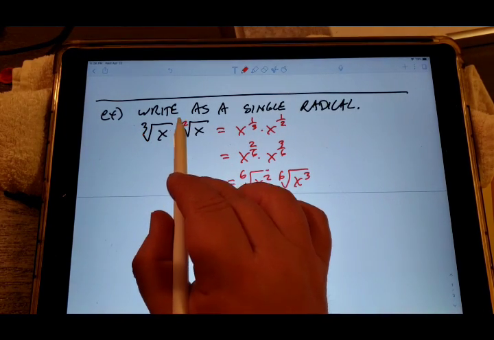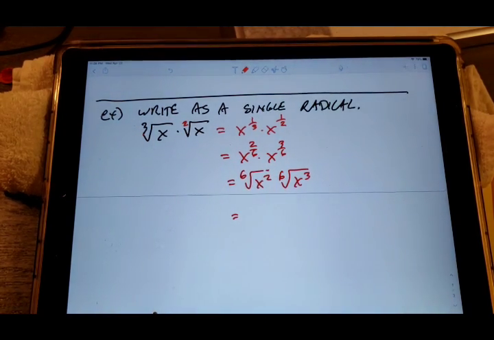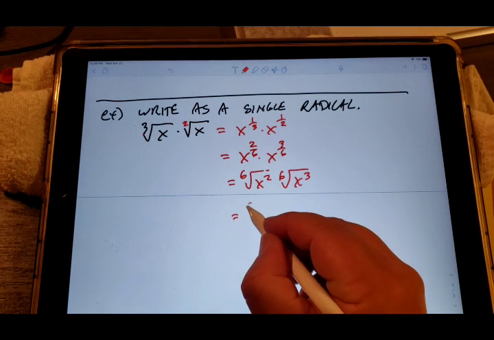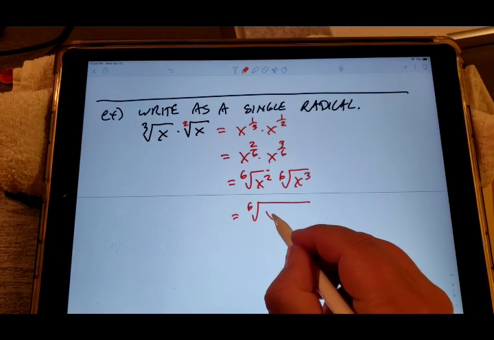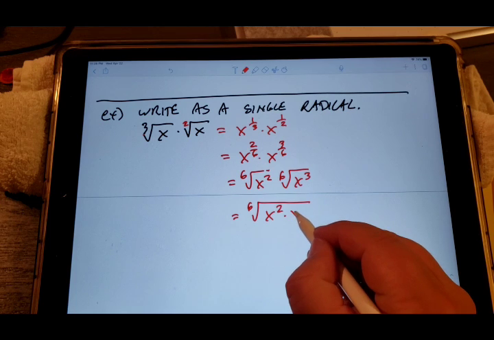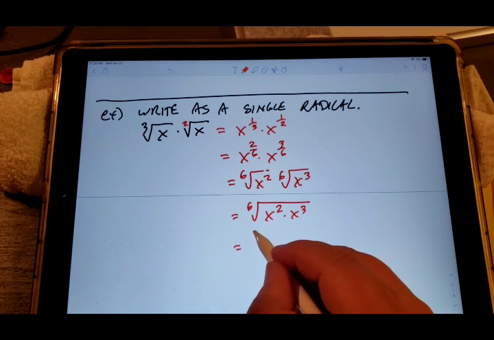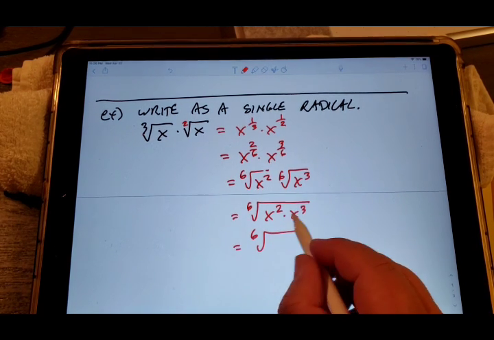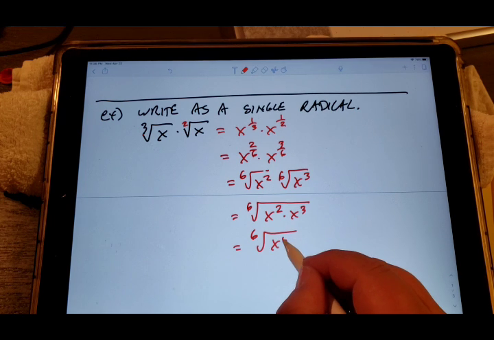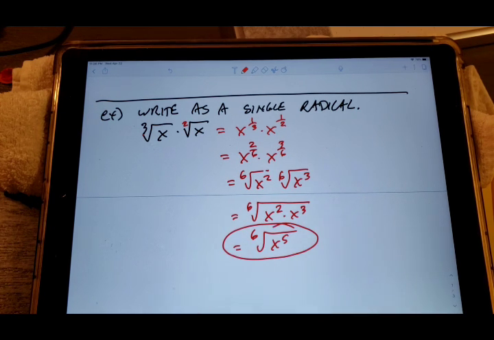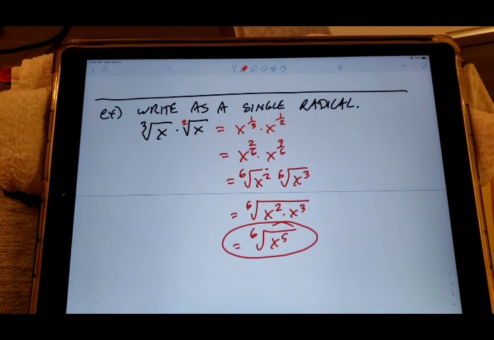I had different indices, now they're the same. Well, if that's true, I can put it all under one expression and add those exponents together. I get the result. So I warned you, not an obvious result.